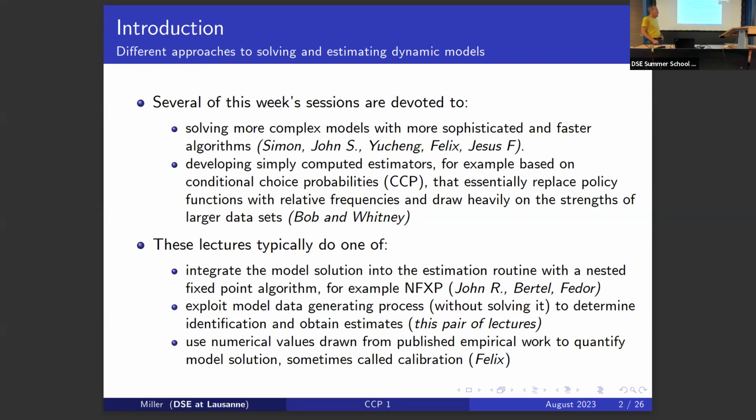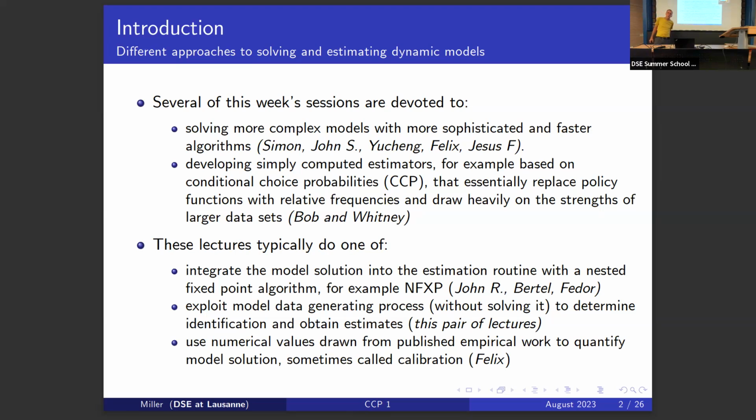A few of these lectures, including these two, will be devoted to developing simple estimators. For example, the CCP approach that I'm going to talk about essentially replaces the policy functions by using relative frequencies, drawing heavily on the strengths of large data sets.